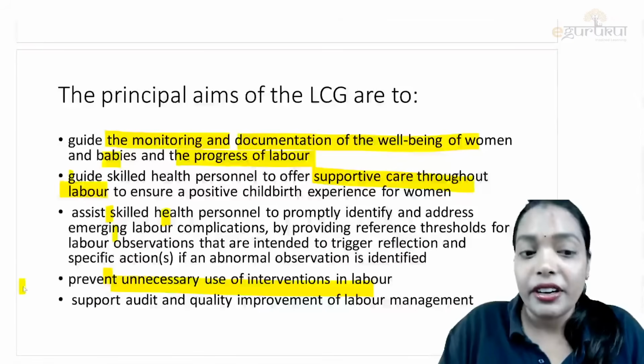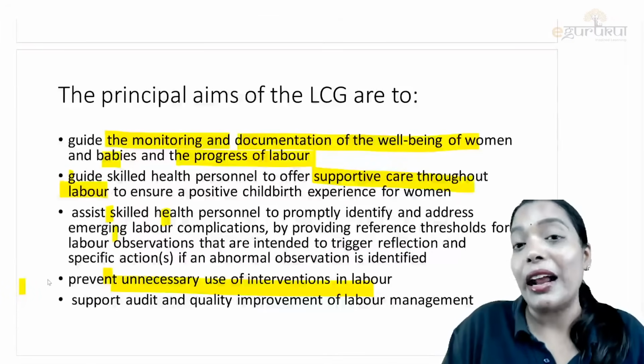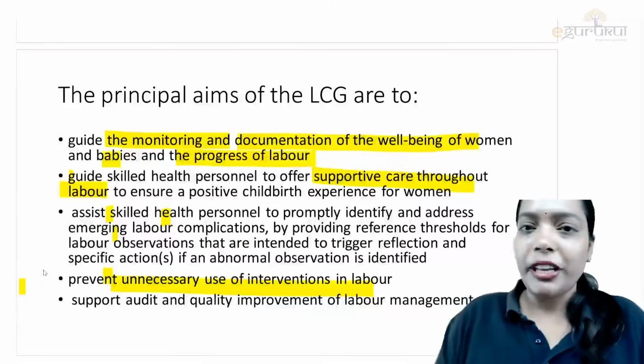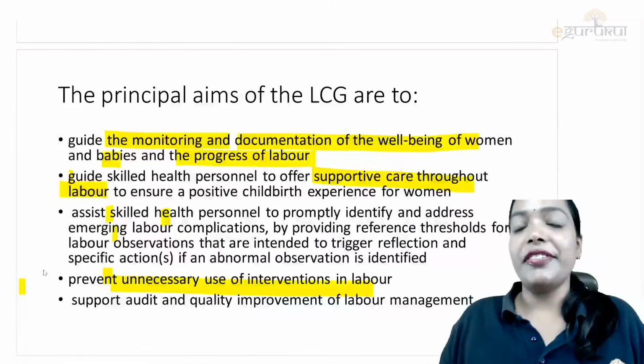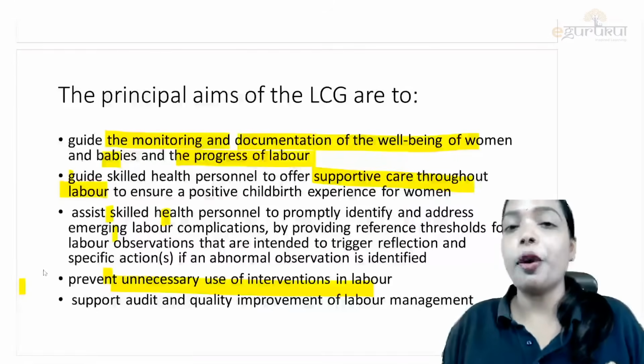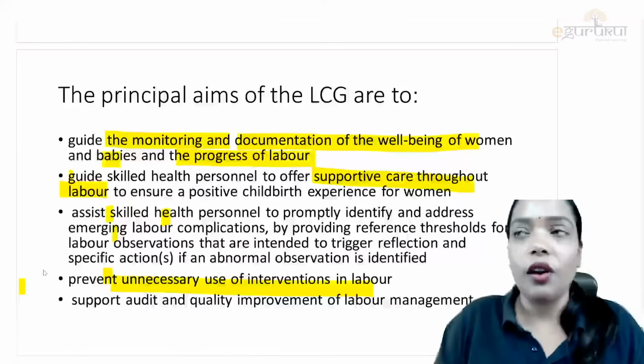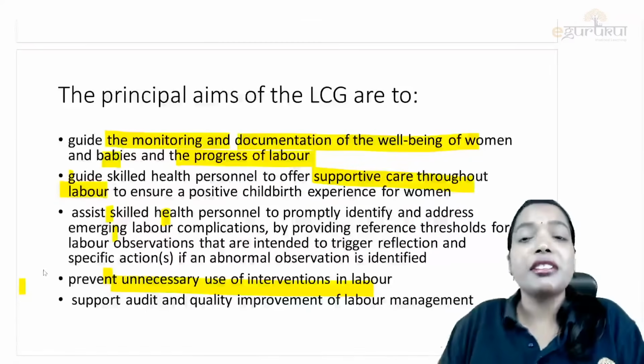And very important, to support the audit and quality improvement of labor management. So basically, after we finish everything, labor is over, when you have proper documentation, you can think on it. Where did we go wrong, or how did we manage, and how did this help us?